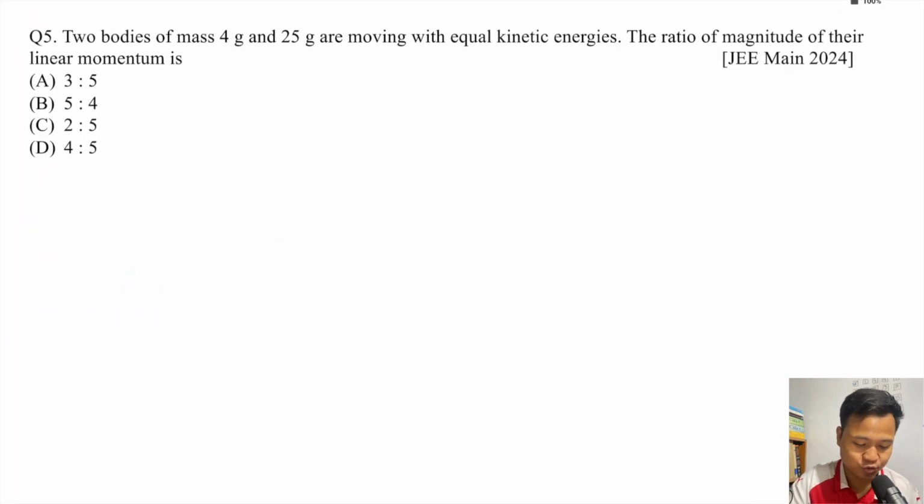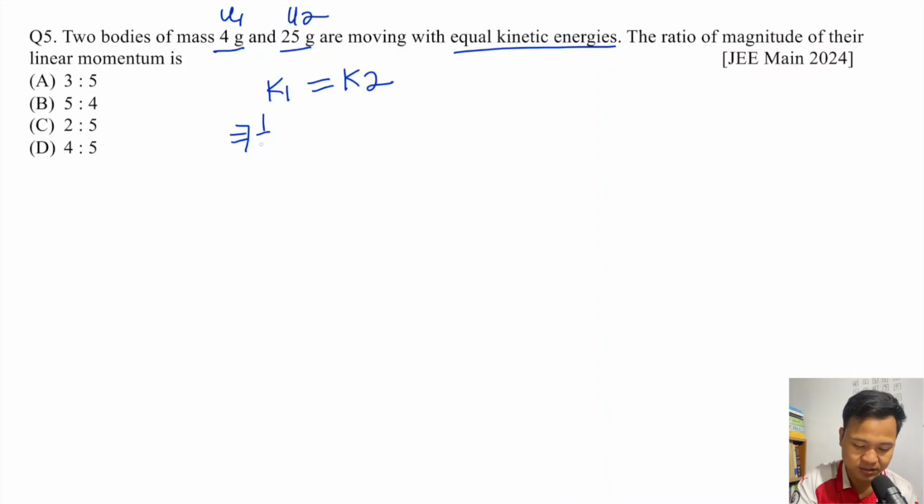Next question. Two bodies of mass 4 grams and 25 grams are moving with equal kinetic energy. Let their velocities be U1 and U2. So let's say K1 is equal to K2. Half into mass 4 into U1 square should be equal to half into mass 25 into U2 square.